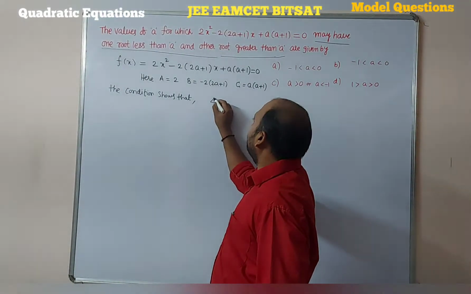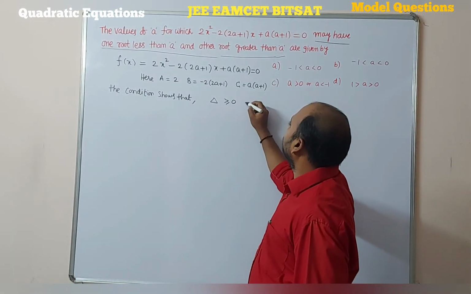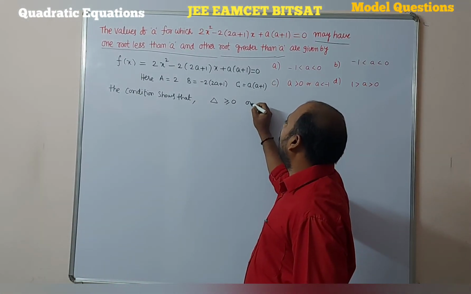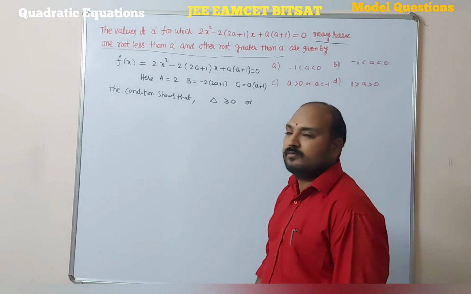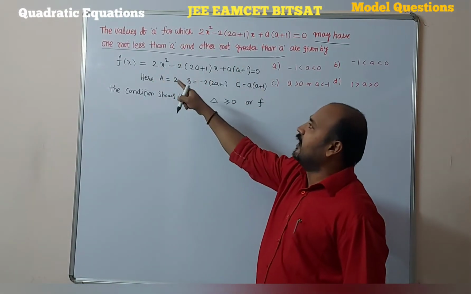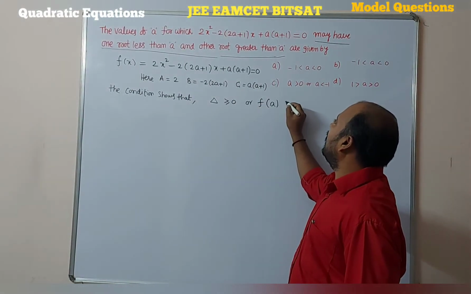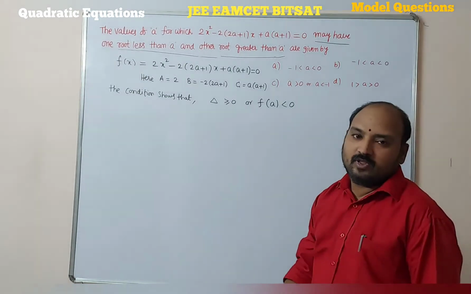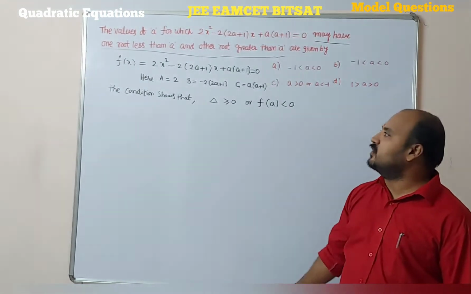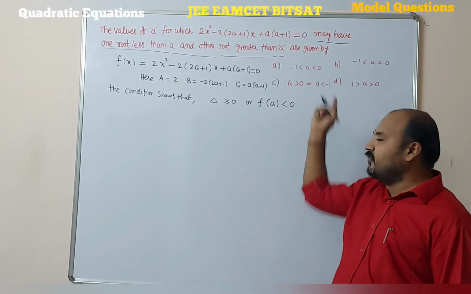The discriminant of the quadratic equation is greater than or equal to 0, and since a lies between the roots, indirectly it is given. So f of a should be less than 0. f of a is less than 0. Also check that delta is greater than 0 or not, for what values of a.